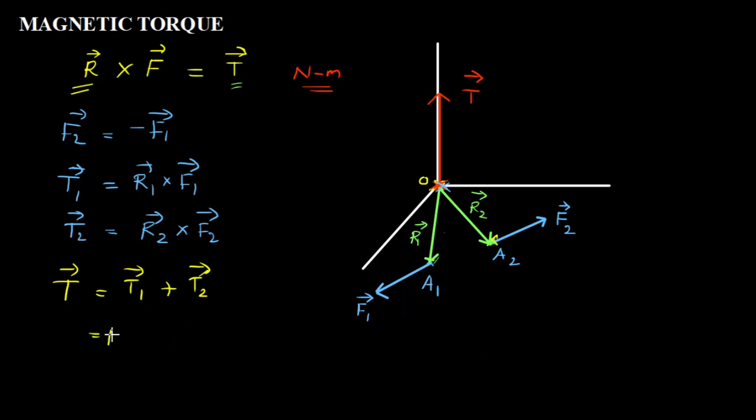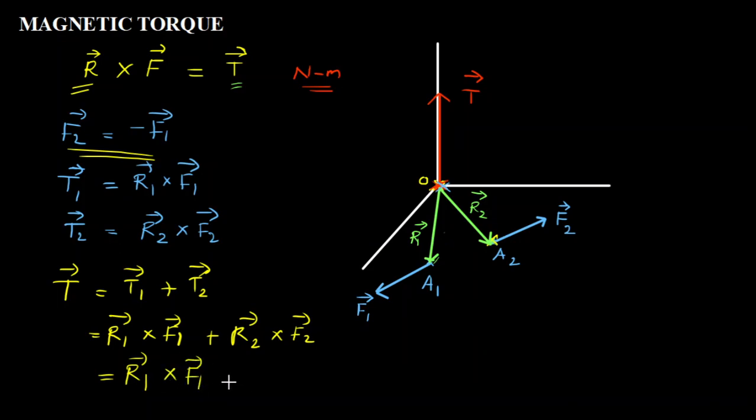That means I have to add R1 cross F1 with R2 cross F2, and I'll be using this result because initially I assumed that forces are equal and opposite. So I can either substitute F1 as minus F2 or F2 as minus F1. So this equation becomes R1 cross F1 plus R2 cross minus F1, because F2 is minus F1.